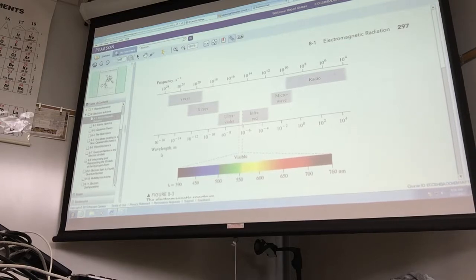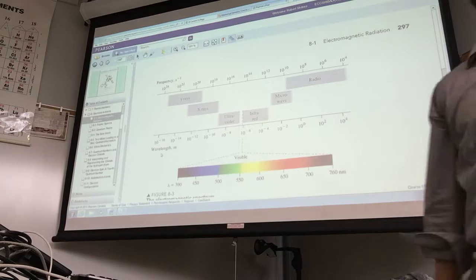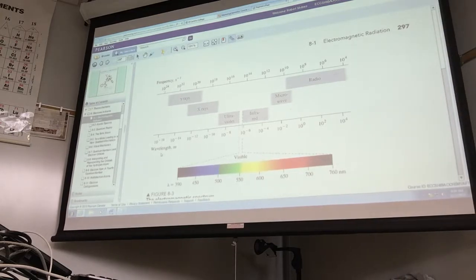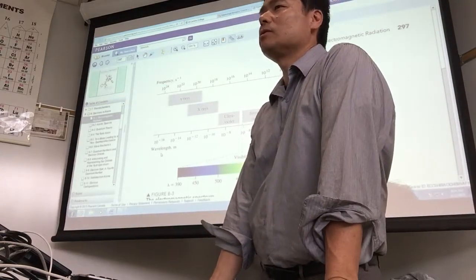I don't know what it would be destroyed to, but if you punch that much energy into a single photon, and what do we say? We say there's something called quantum stoichiometry. What's quantum stoichiometry?